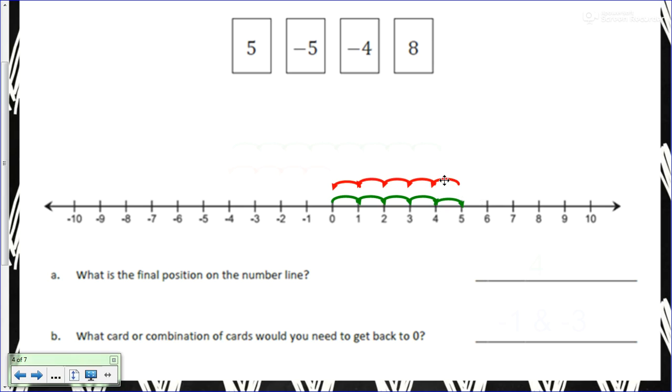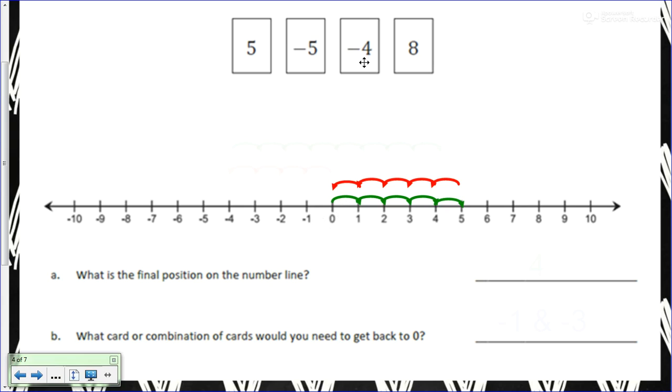Okay, so I count 1, 2, 3, 4, 5 to the left because it's a negative number, and you'll see I'm right back here at 0. And that should make sense because 5 and negative 5 are opposite numbers, and so they should result in a 0 when we add them together.